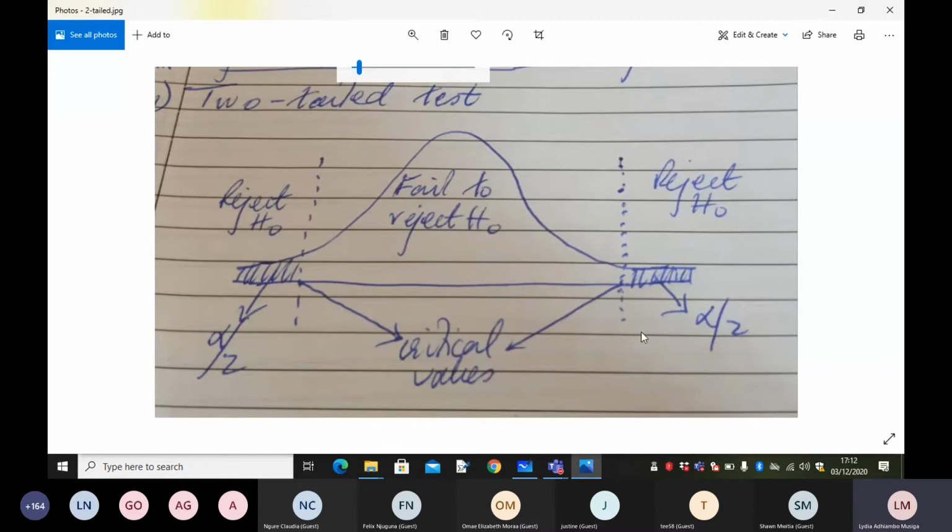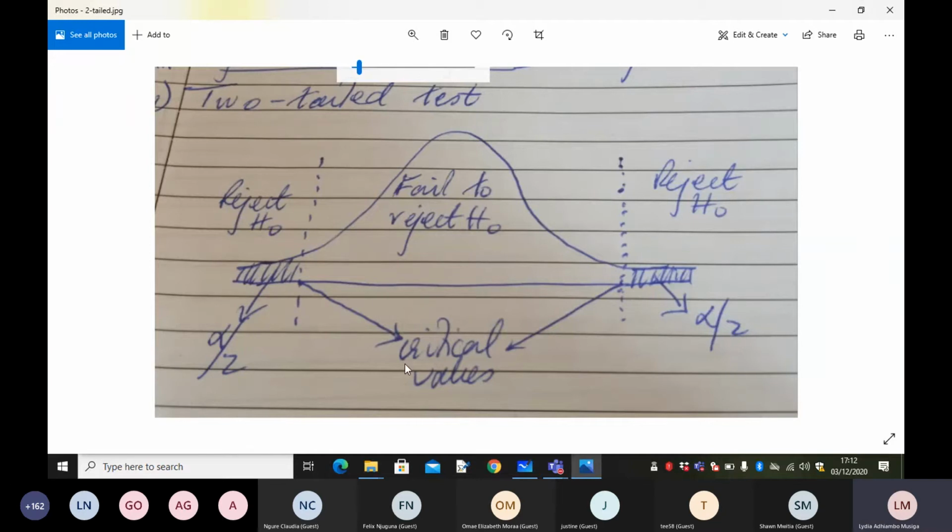For a two-tailed test, we have two areas, one to the left, another one to the right, each of which has a magnitude of alpha over 2. Along the horizontal line, we have the z-score values.